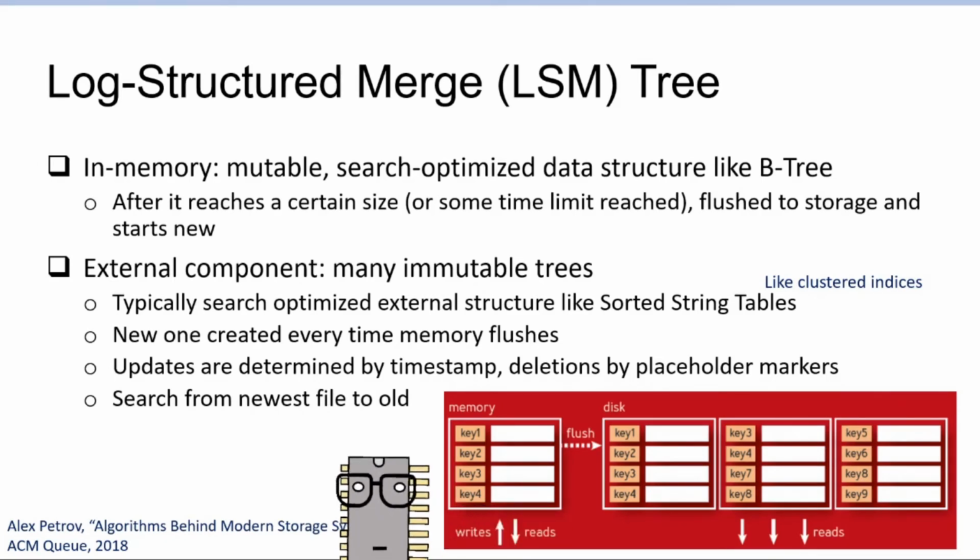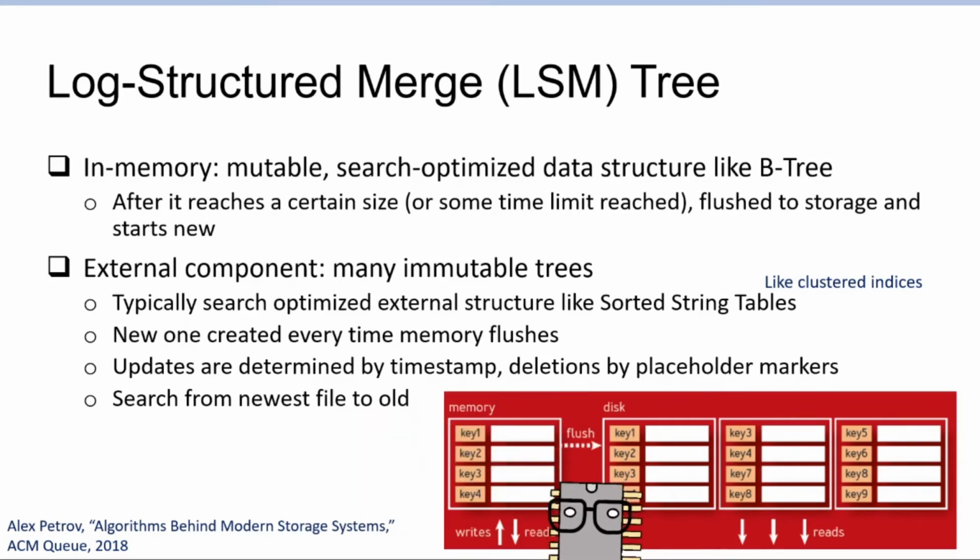And this in-memory tree starts from new. So every time there's a read request query, you first check the in-memory data structure. If it's there, perfect, you return it, you're done. If you don't find it in memory, you don't know for sure that it doesn't exist in the whole data structure because it might have been flushed before into the in-storage data structure.